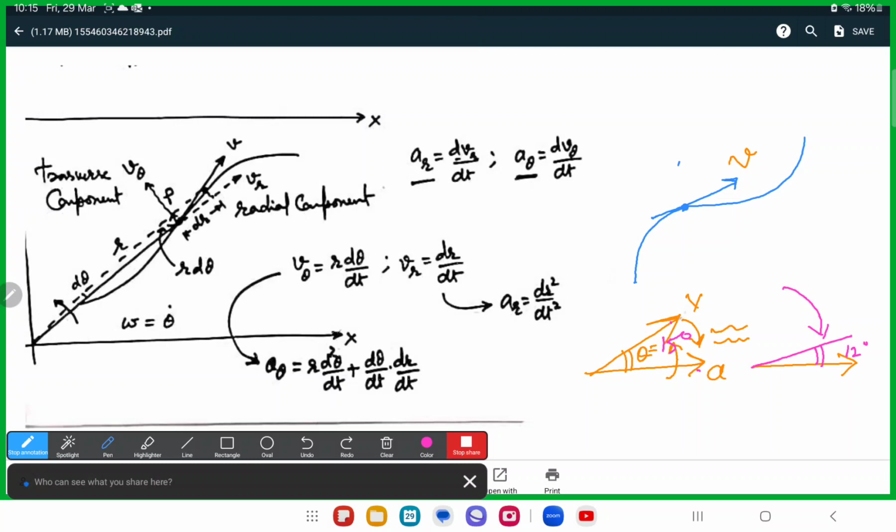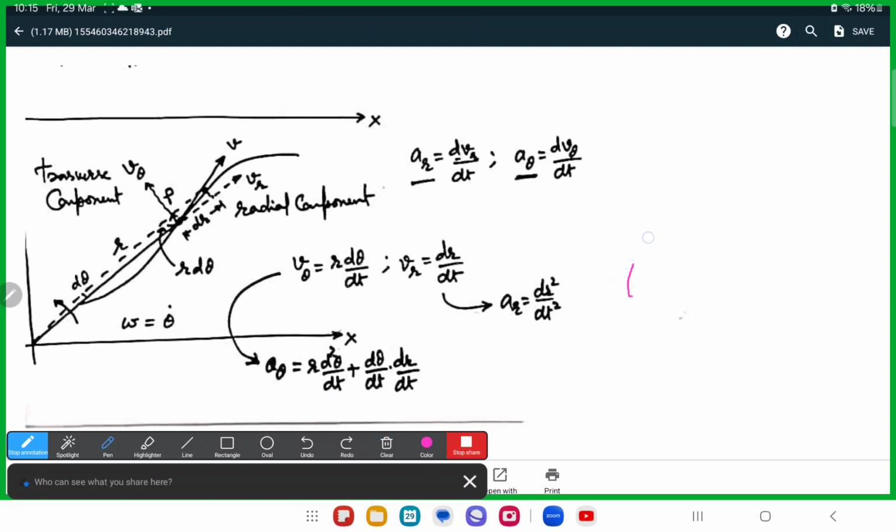So here, if this is the situation, let's say this is the velocity vector. Once again, we will make the velocity vector into two components.